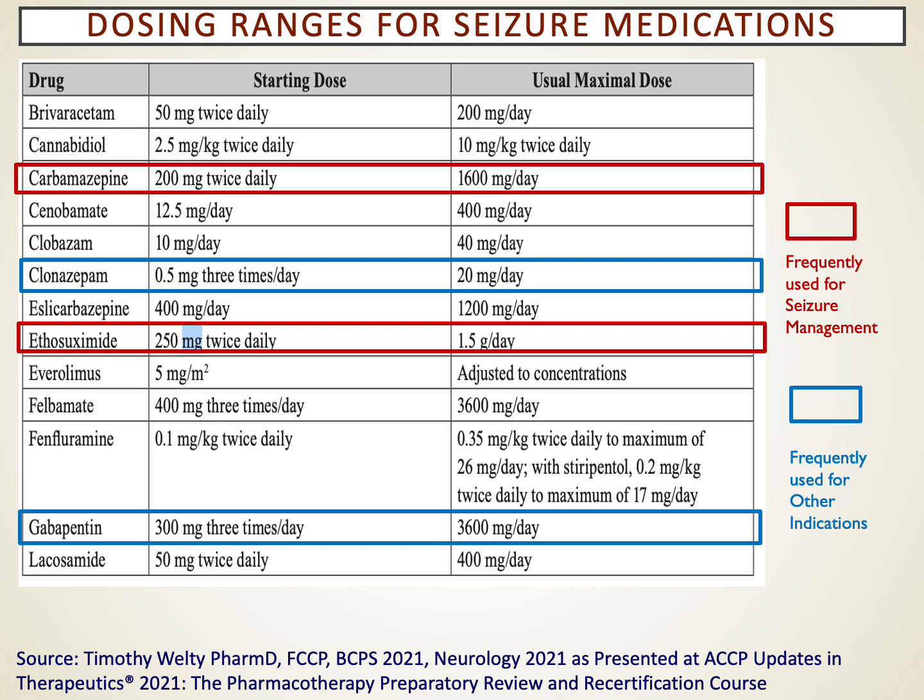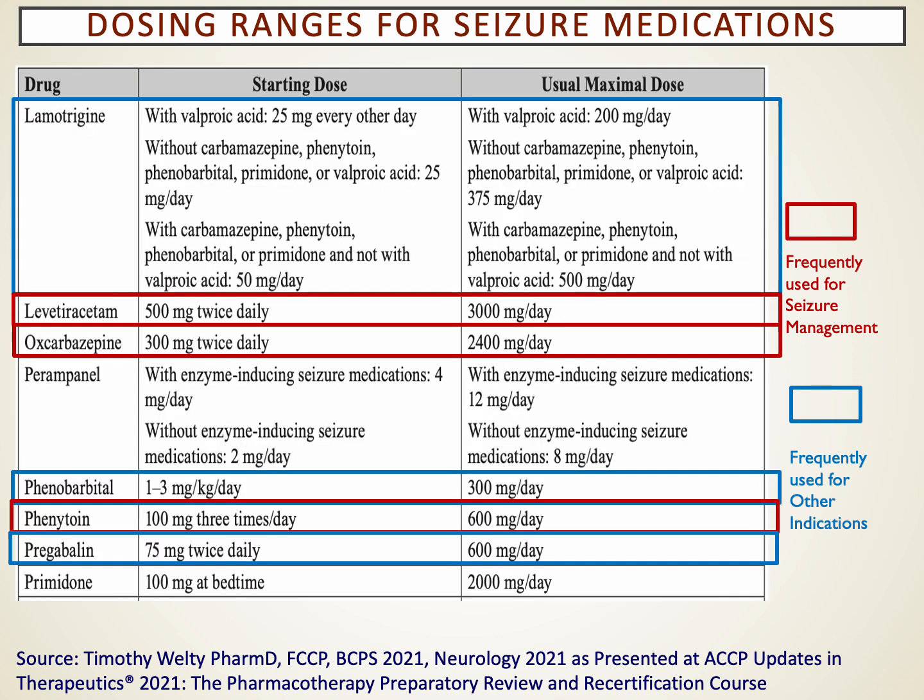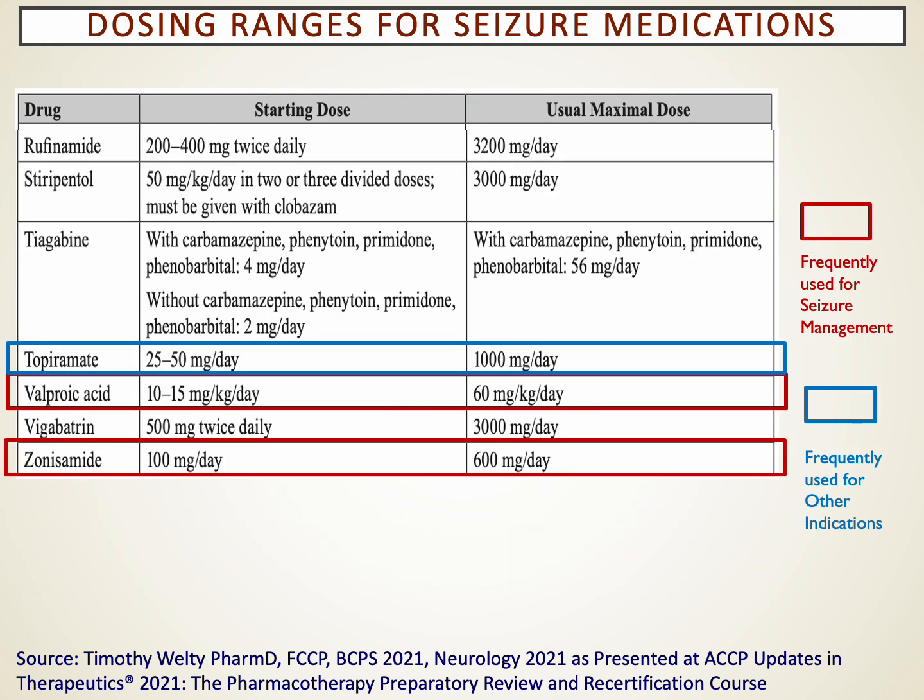And so you'll see things sort of vary. You'll also see with lamotrigine, the dosing varies depending on the concurrent drugs it's dosed with because of all the interactions with lamotrigine. Similarly, you'll see other sort of dosing ranges listed here. And here.